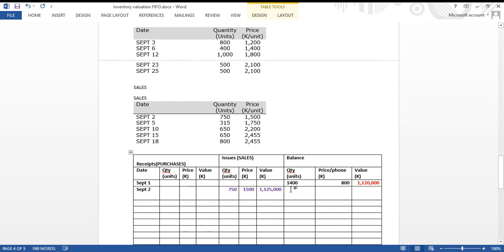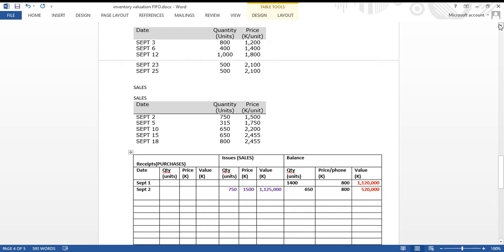We sold 750 units, so 1,400 minus 750 remains with 650 units, right, at 800, and we get 520,000.